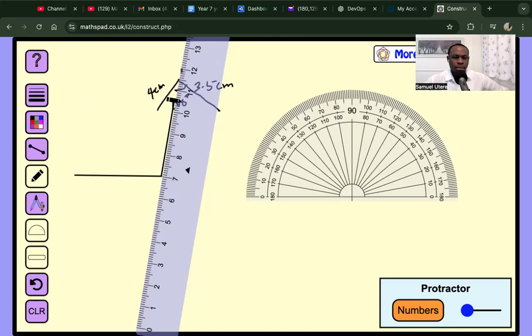That's not moving. Let's see. Let's do that. 10.5. It's not working.